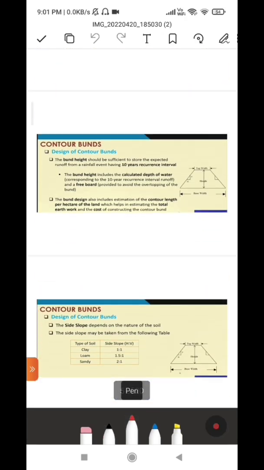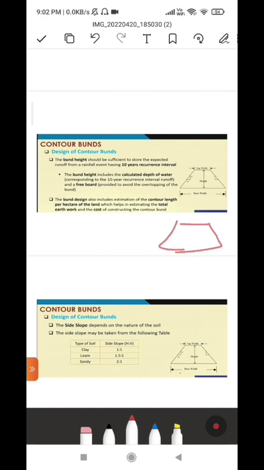Now we are going to talk about the bund height. The bund height should be sufficient to store the expected runoff from a rainfall event having a 10-year recurrence interval. The bund height includes the calculated depth of water corresponding to the 10-year recurrence interval runoff and a freeboard. This freeboard is provided to avoid overflow.